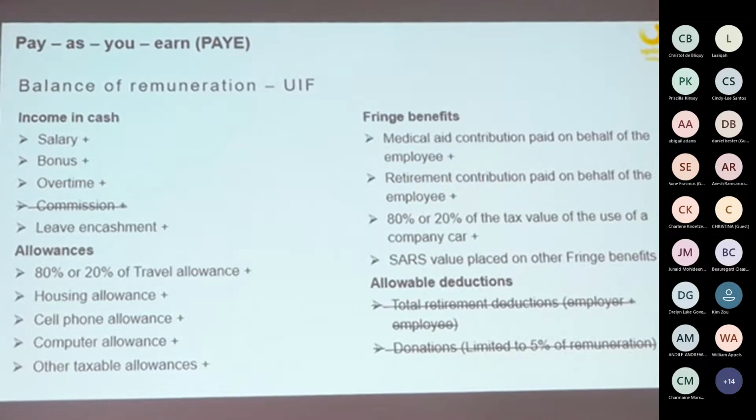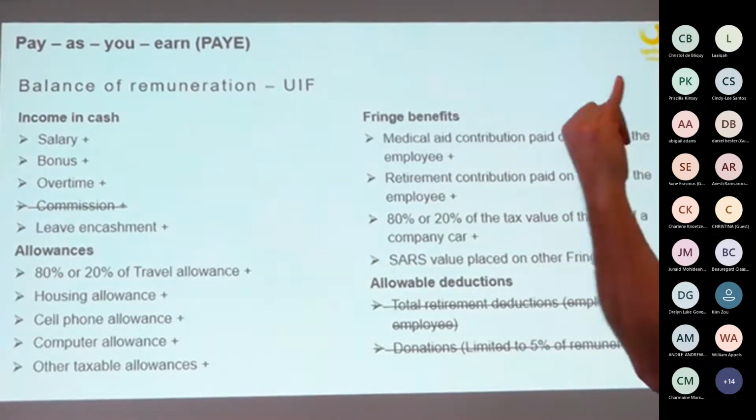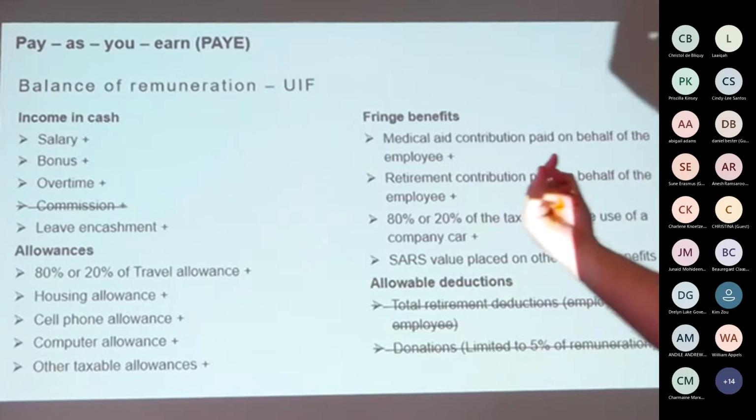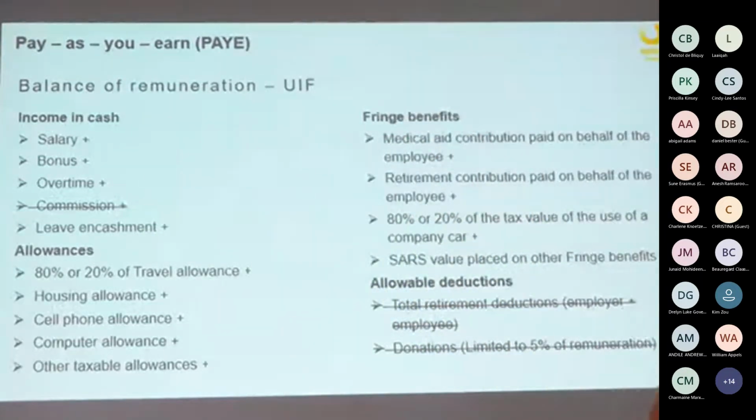For UIF remuneration, the remuneration that your UIF is based on, you do not include commissions, and you cannot deduct any deductions. Those are the most common differences.